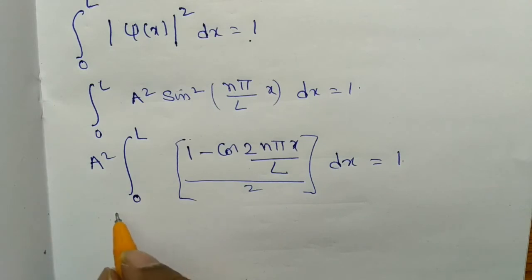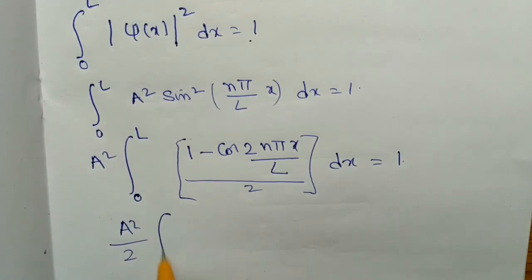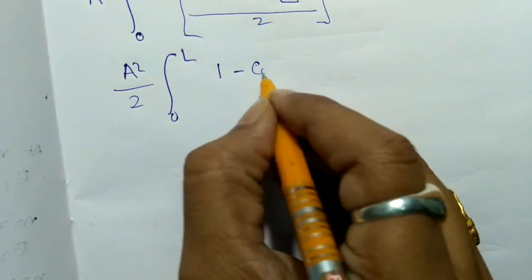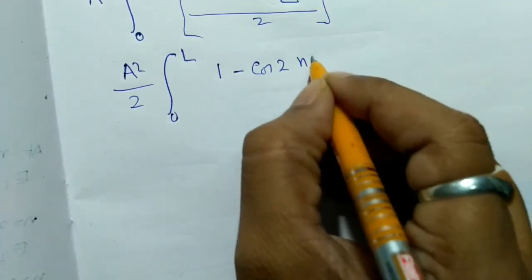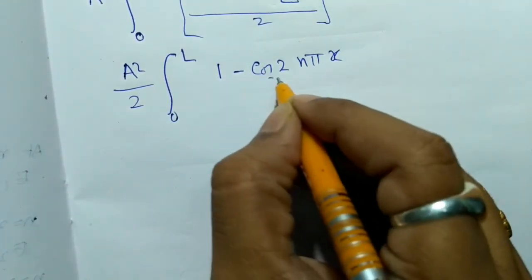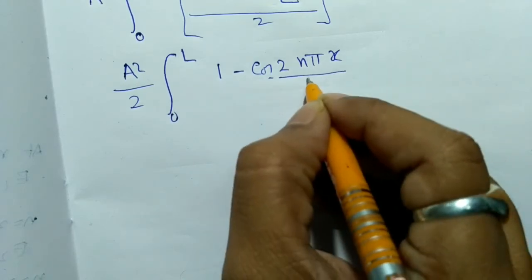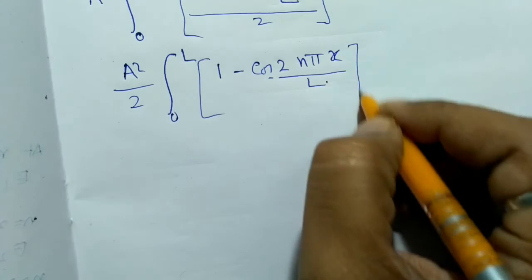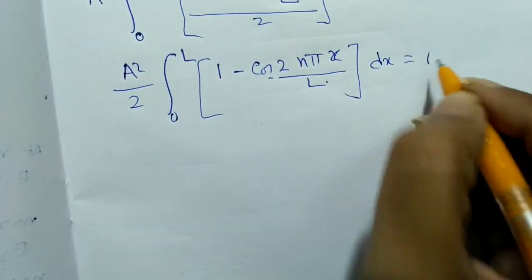This 2 comes here. That is A square by 2 integral from 0 to L of 1 minus cos 2 n pi x by L dx is equal to 1.